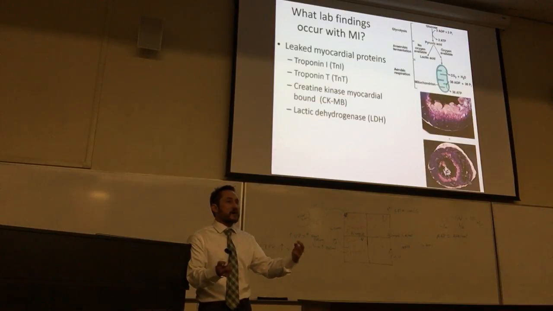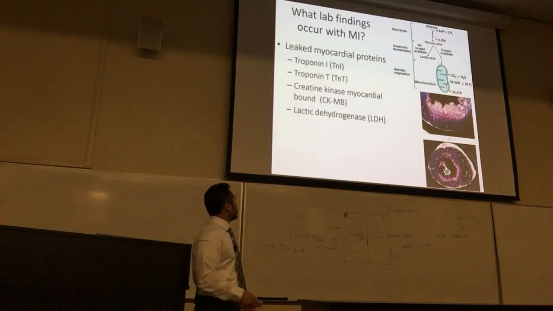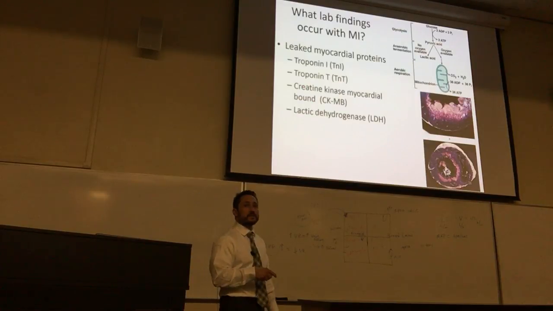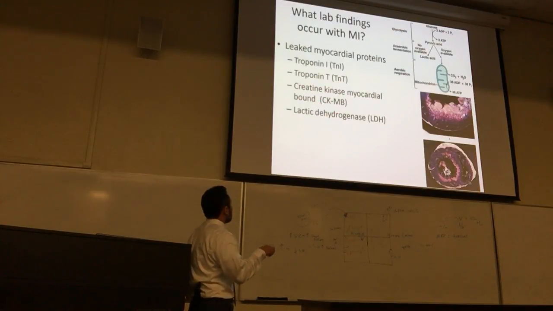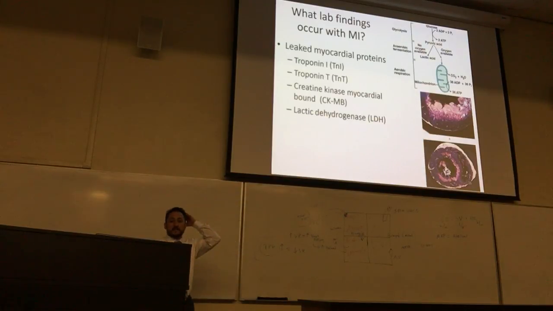And so the heart tries to move to non-aerobic energy production using glycolytic pathways. Well, if you use glycolytic pathways, you're going to steal as many ATPs as you can from creatine kinase. So you get an elevated CK-MB in the blood, and you're also going to start making lactic acid. And so you actually have an upregulation of LDH in the blood.